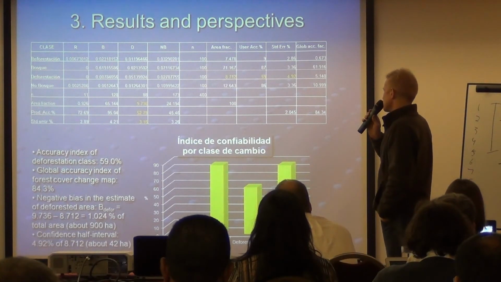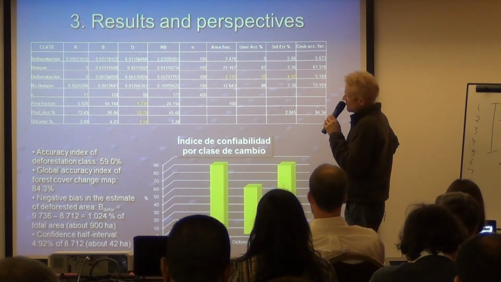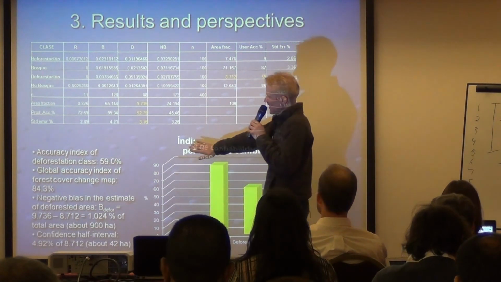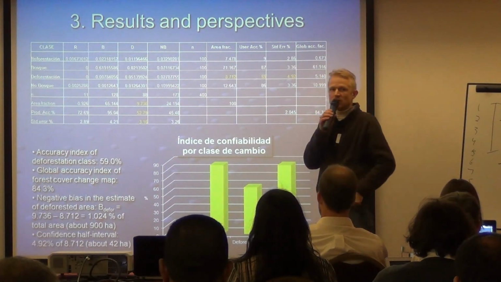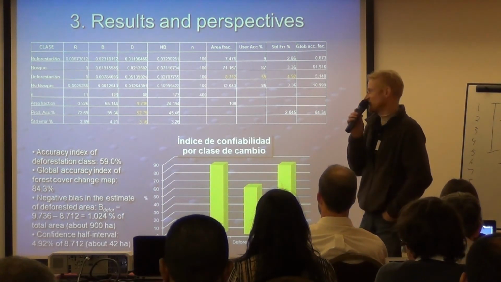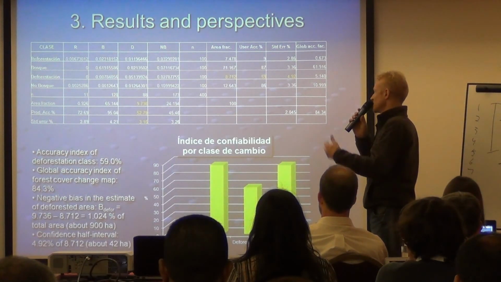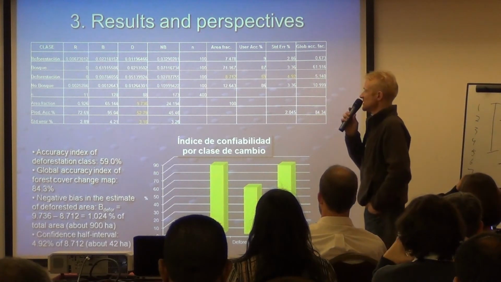And other than that, I was just trying to interpret the relatively low score for the deforestation class in terms of different hypotheses.